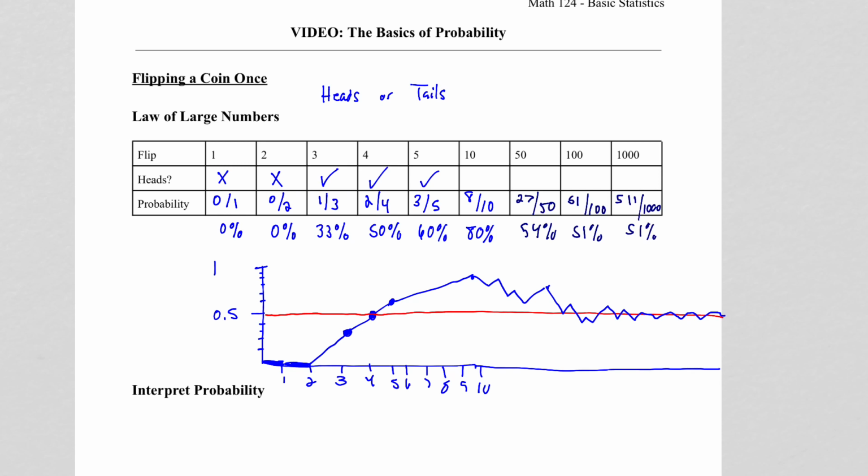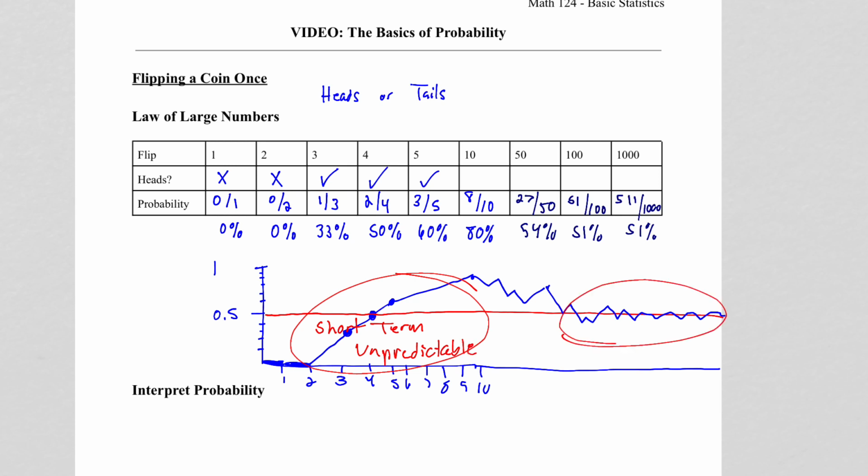But in the short term, this short-term probability is very unpredictable. But the long term, it becomes very predictable.